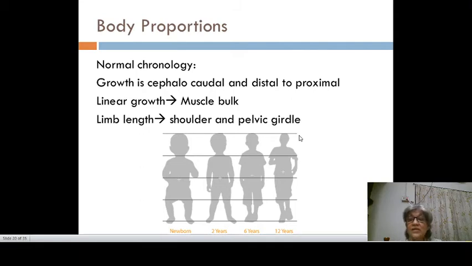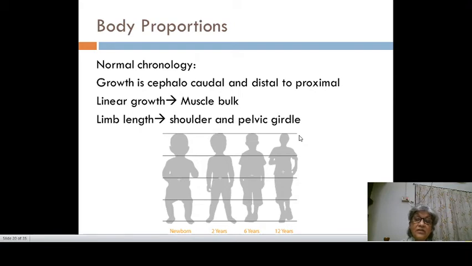No. Similarly, if a 16-year-old boy is shrunken down to the size of a 1-year-old, will he look like a 1-year-old? No. That is because of the different body proportions. And as growth occurs, what happens?